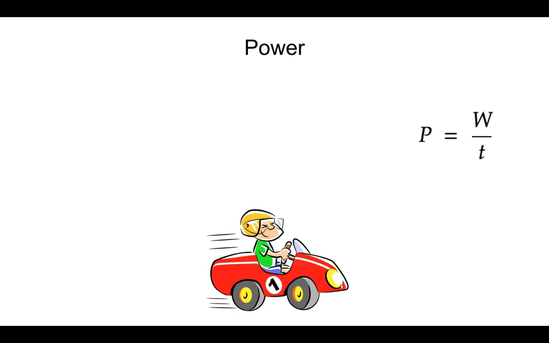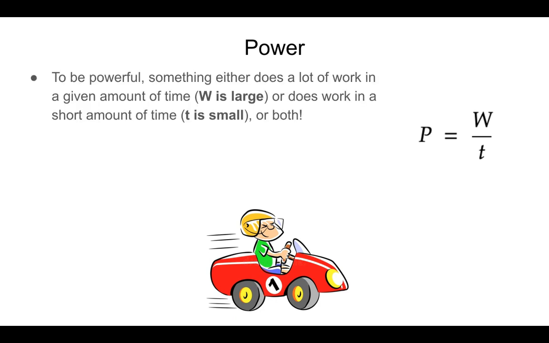So if we examine this equation a little bit further, we can see that to be powerful, something either has to do a lot of work in a given amount of time. So that first slide said that the lineman is strong. There's a lot of force, which means that there's a lot of work done. So work is large. You can see that power and work are directly proportional to one another because power is equal to work, which is in the numerator. So that means they're directly proportional.